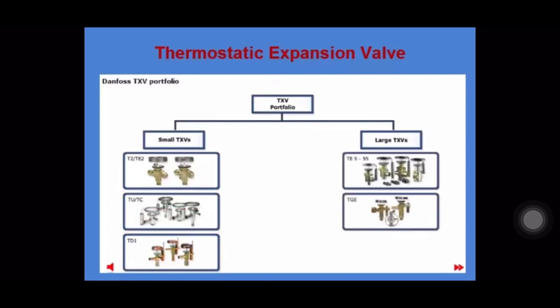The large TXV valves that are used for refrigeration units with a power rating above 26.5 kilowatts consist of TE5-55 and TGE valves. In addition to this, two large TXVs, PHT and TRE80, are available, although both are scheduled to be discontinued in 1 or 2 years' time.